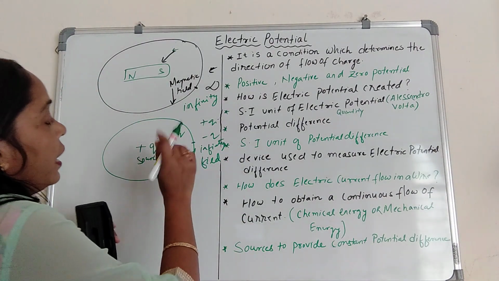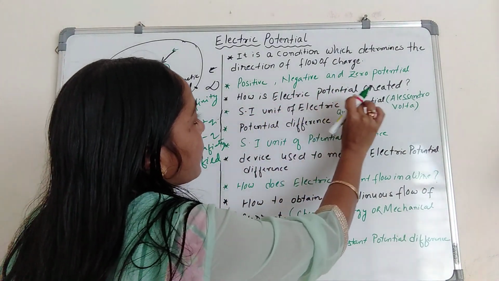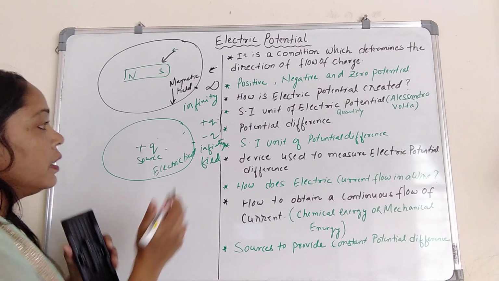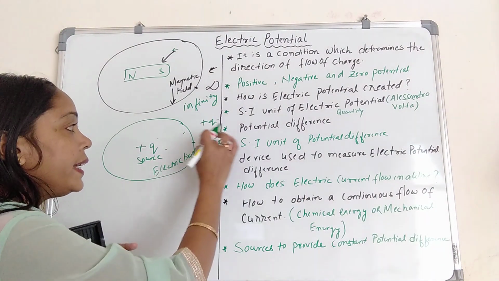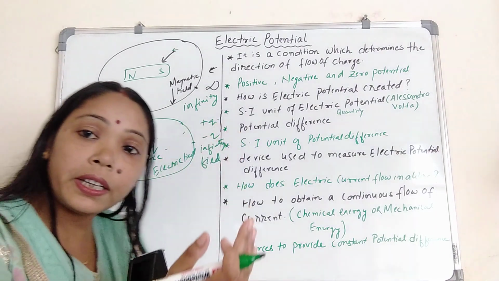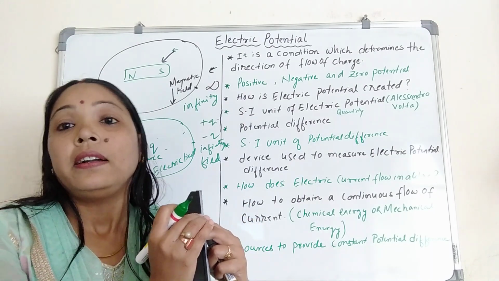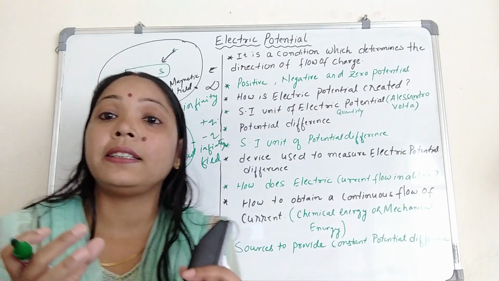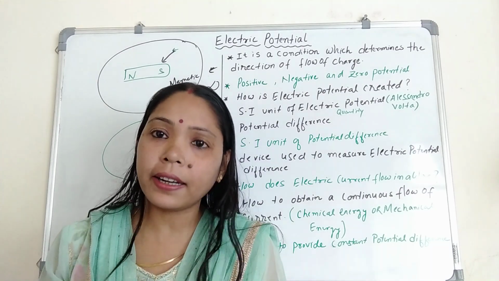Now, about how electric potential is created. If you want to bring any charge from infinity to the electric field, then we need some work done. We have to spend energy.